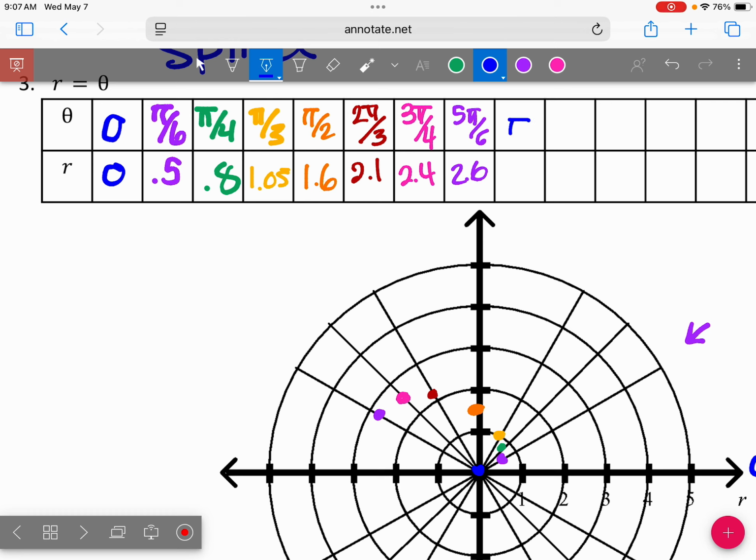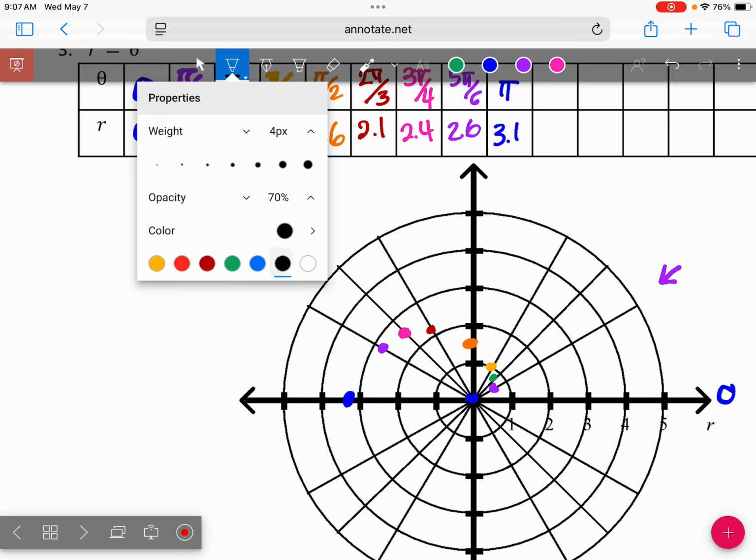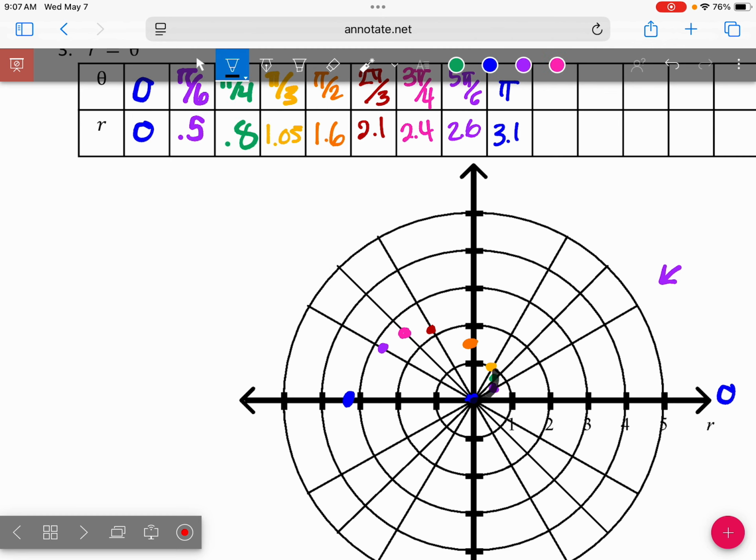Yeah, and then we're up to pi, which hopefully we don't need to type in the calculator. 3.141592653, blah, blah, blah. So 3.14. So we've got this top half of our graph so far, and we can see that if I connect these up, it's starting to spiral for us.